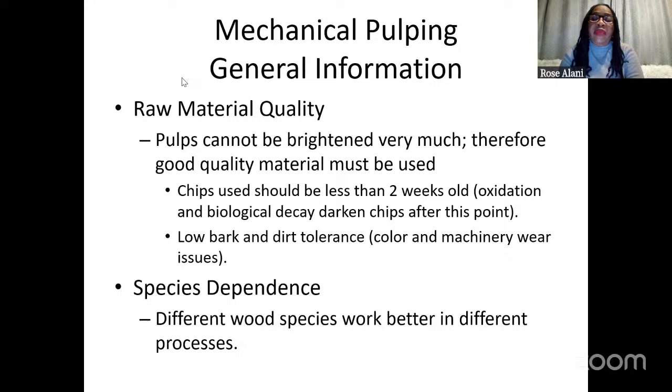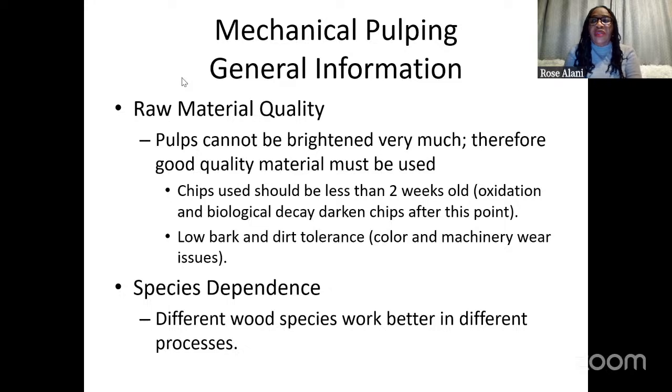Pulps cannot be brightened very much, so the quality will not be that good because of the bleaching method that we use for mechanical pulping. So chips used should be less than 2 weeks old. These are the things you must consider when you're carrying out mechanical pulping.